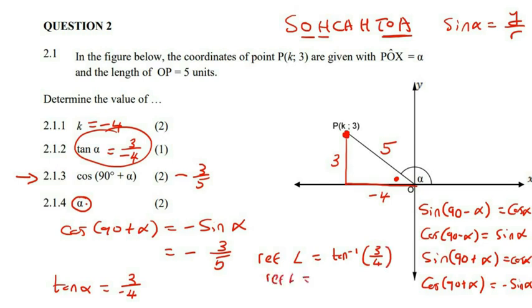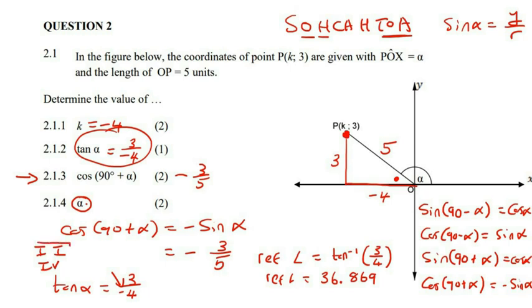And if you work that out, I'm going to keep 3 decimals for now. So that's going to be 36.869. Then we have to understand that tan is negative in quadrant number 2 and quadrant number 4.